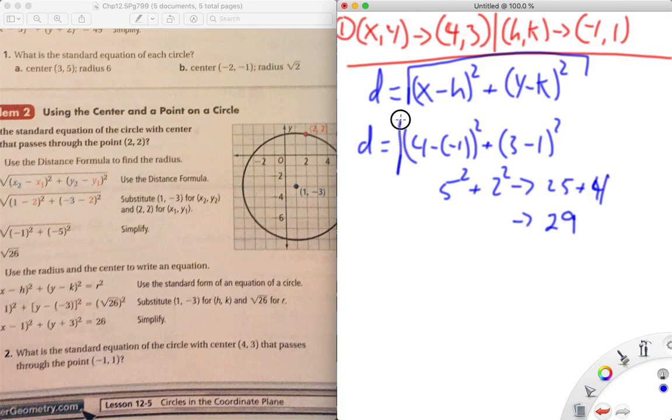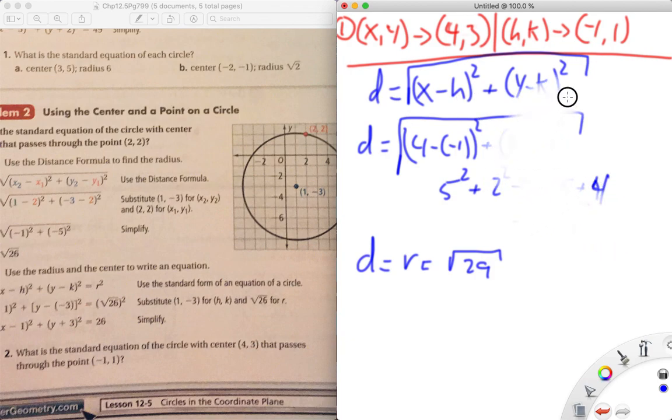But remember, this whole thing is being square rooted, so we also have to square root the 29. So our distance, which is our radius, is equal to the square root of 29. So we have our radius.